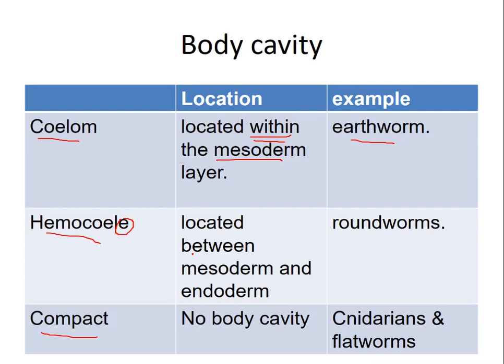Hemocoel is located between the mesoderm and endoderm layer. An example can be found in roundworm, phylum Nematoda. And acoelomate has no body cavity, found in flatworms in the phylum Platyhelminthes, and also in the phylum Cnidaria.